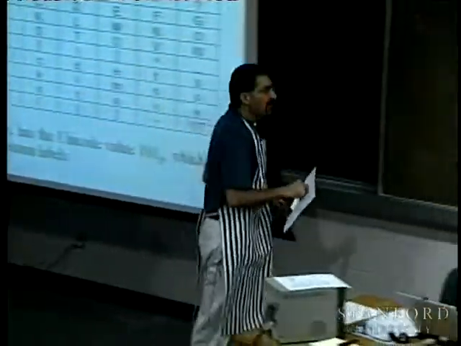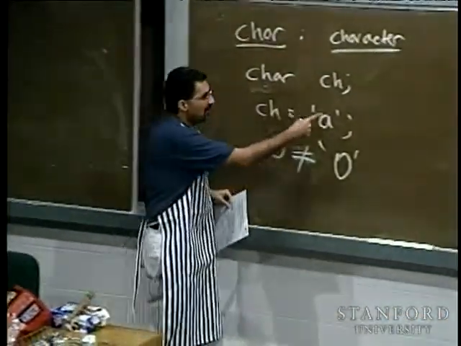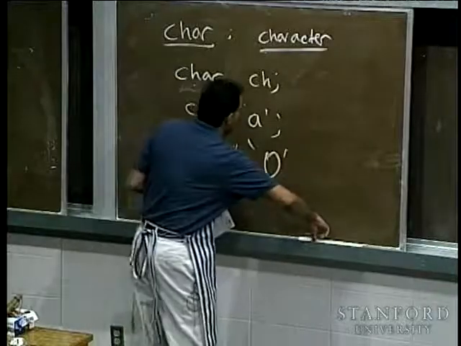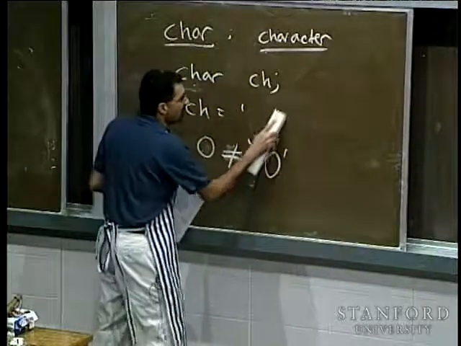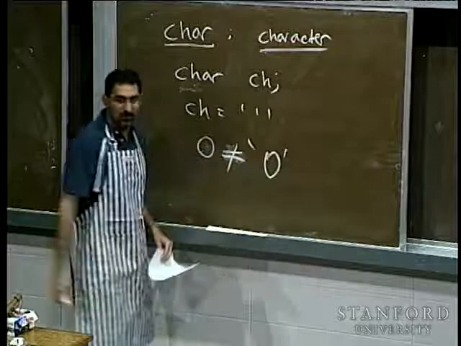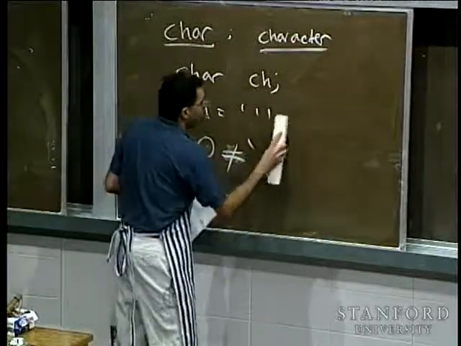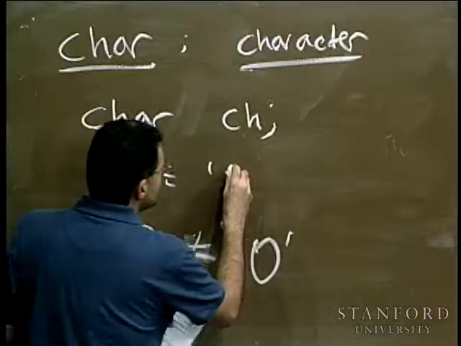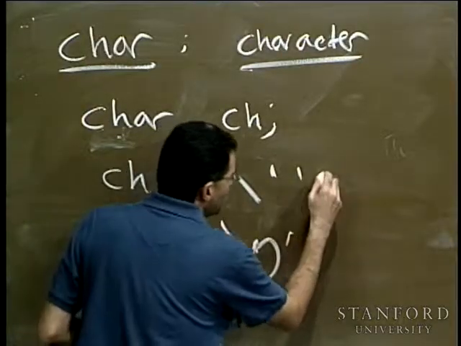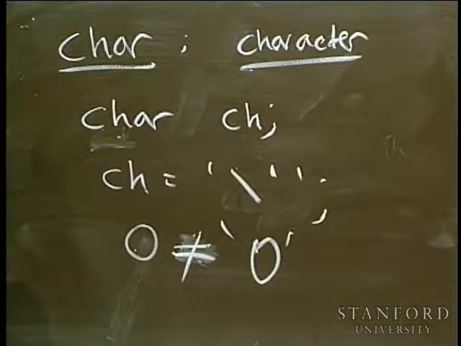You might wonder, how do I get a single quote? Because if I'm putting characters inside quotes, and I want the character ch to be a single quote, do I write three quotes in a row? No. That will confuse the computer to no end. The way you actually do it is you put in a backslash and then a single quote and then another quote. And this is what's referred to as an escape character.